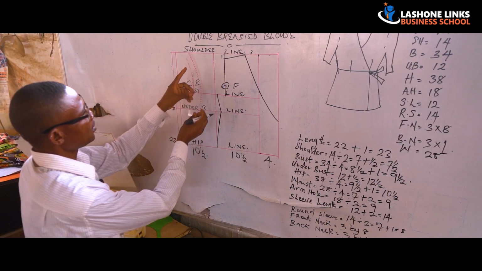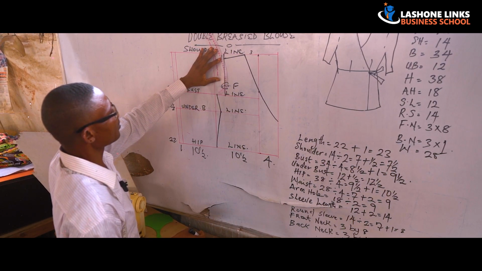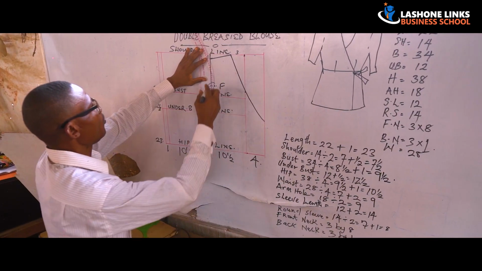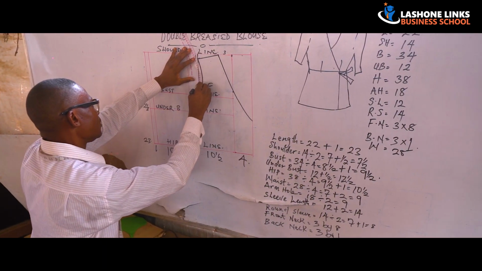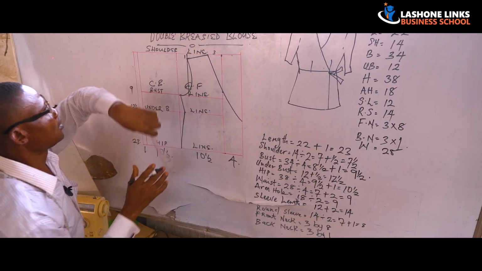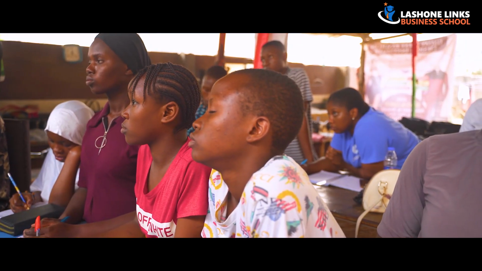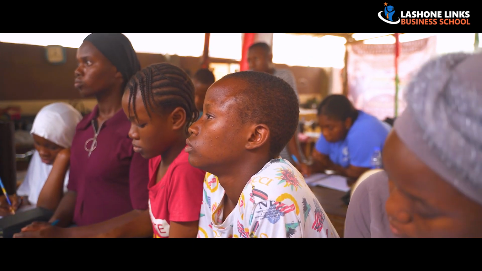So now you will connect your armhole together. That is your armhole. That's how you connect it. You go in by 1 hair, then you join it.